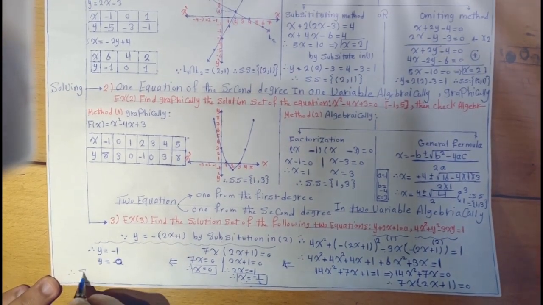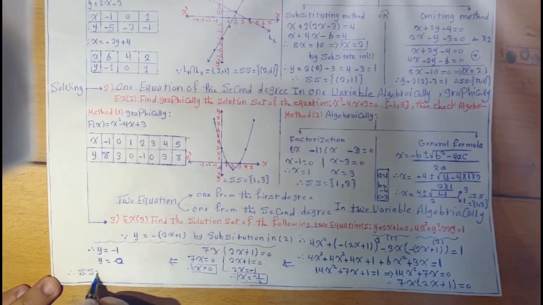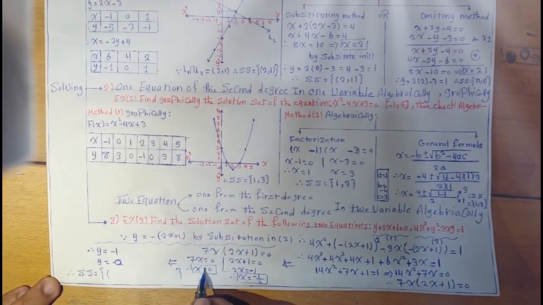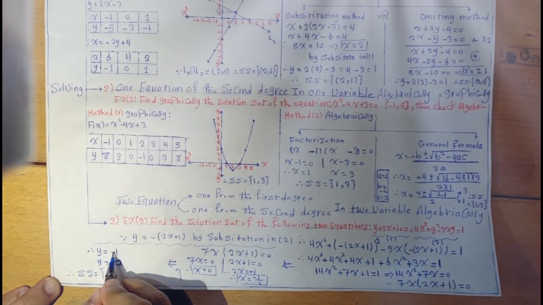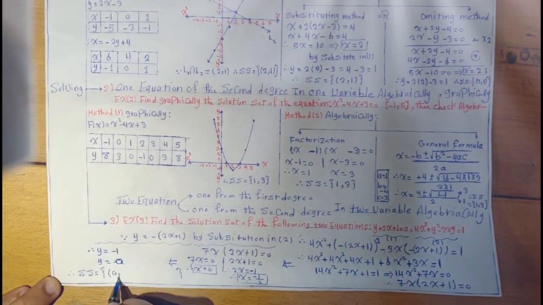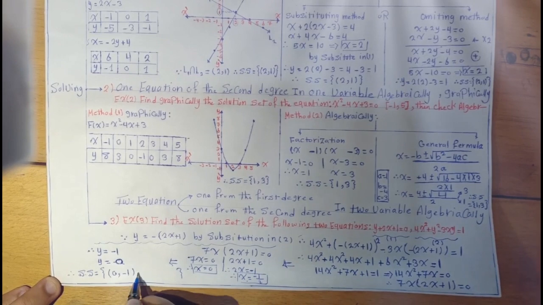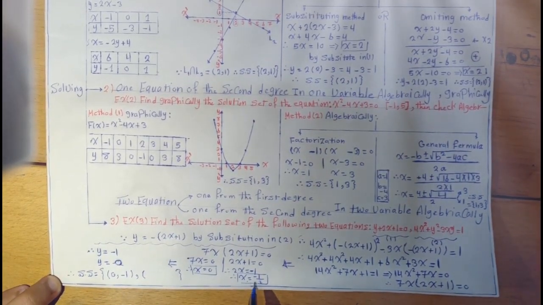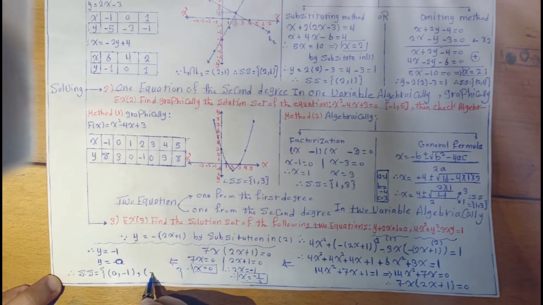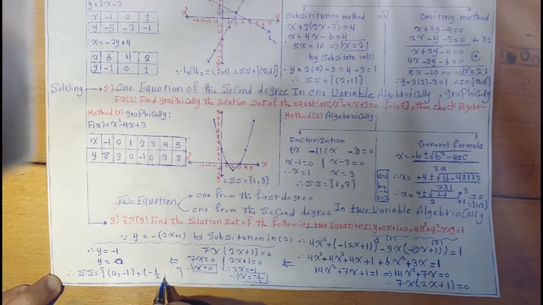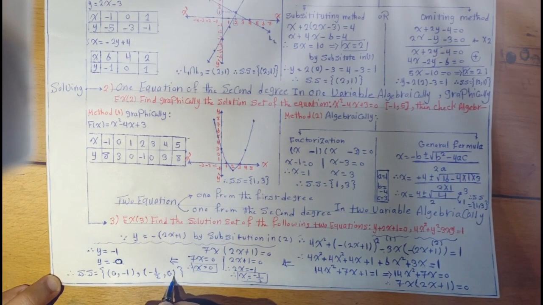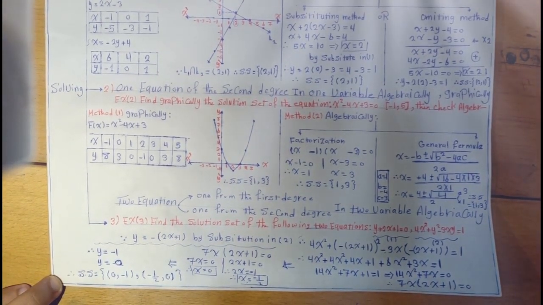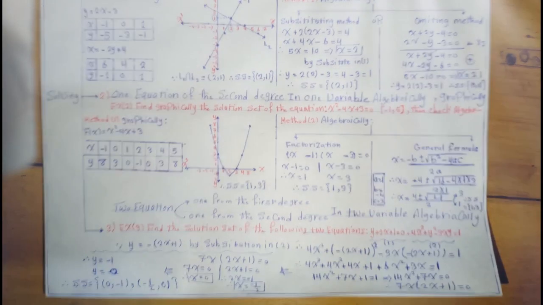Then the solution set equals the set of the ordered pairs 0 and negative 1, this is the first ordered pair, and the second ordered pair negative half and 0. Now we have finished the third example.